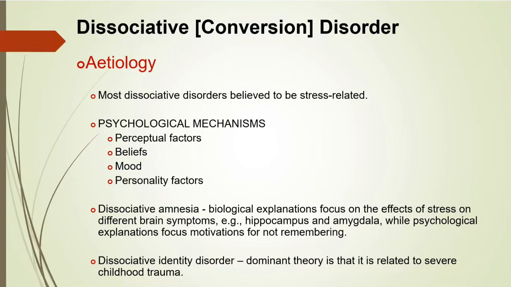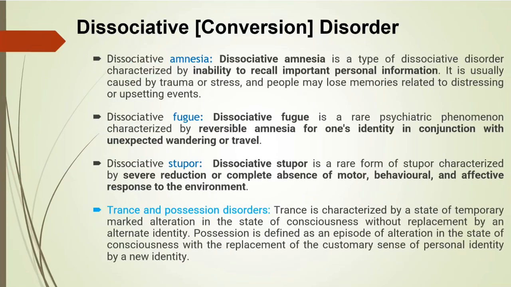Now coming to the individual disorders. In dissociative amnesia, it's a type of dissociative disorder characterized by inability to recall important personal information. "मुझे कुछ याद नहीं आ रहा है," but there is no neurological basis for that.